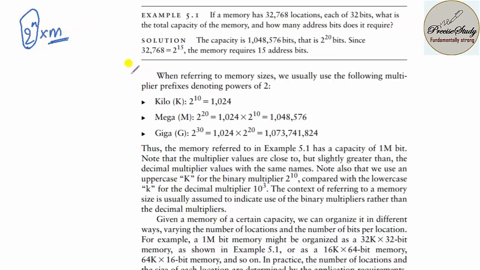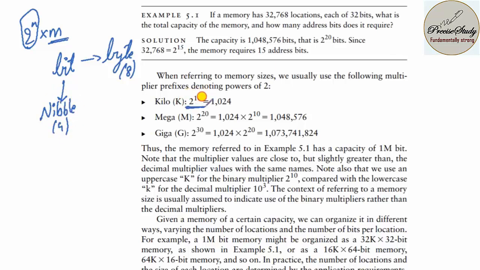A single value of information is called a bit. 8 bits constitute a byte, and 4 bits constitute a nibble. This is very important, you have to go through it. Similarly, 2^10 bytes of data is called 1 kilobyte. Similarly, 2^20 is referred to as 1 mega, 2^30 is referred to as giga, then tera, peta; all those things you have to remember.